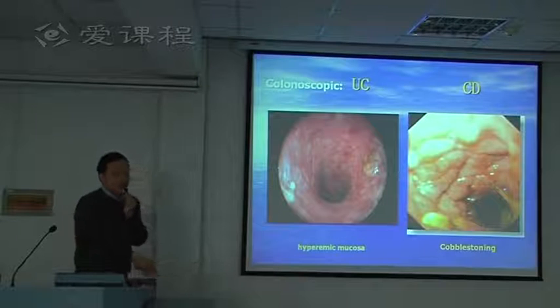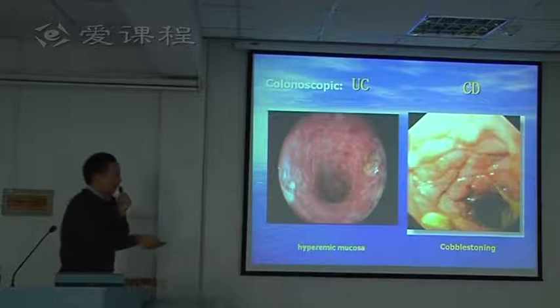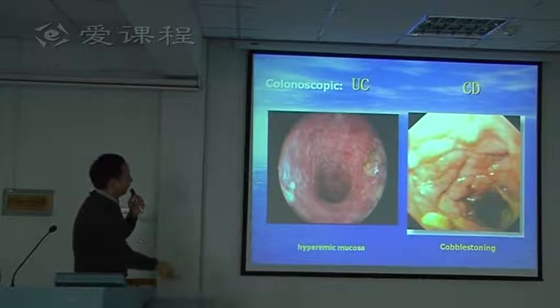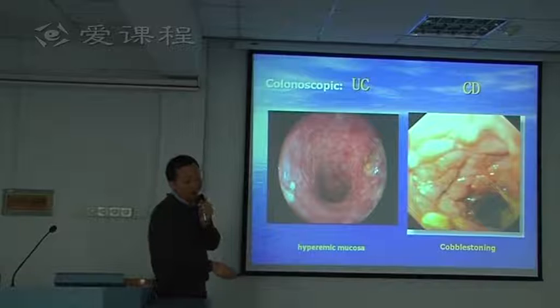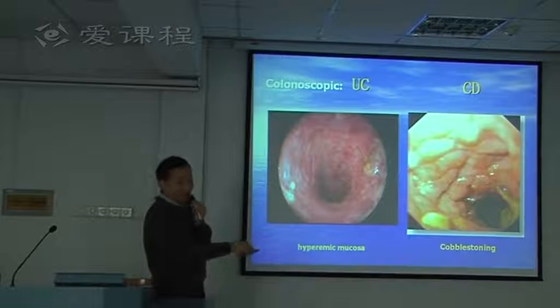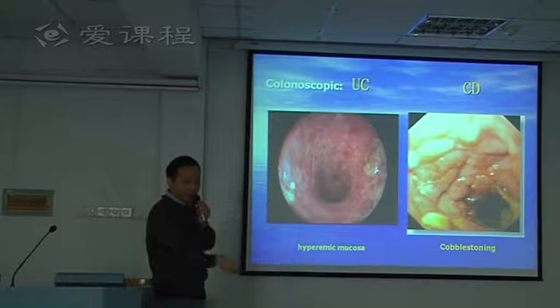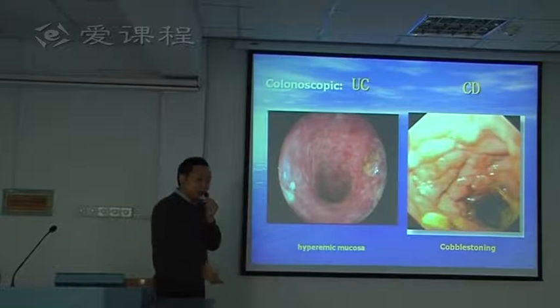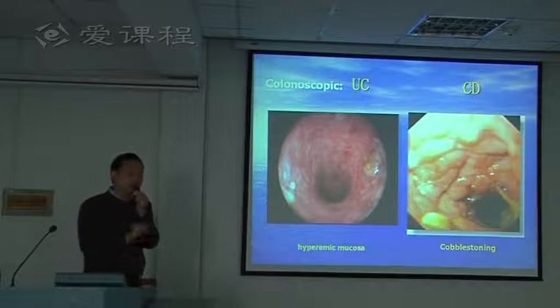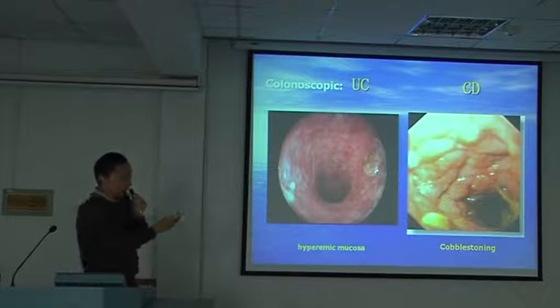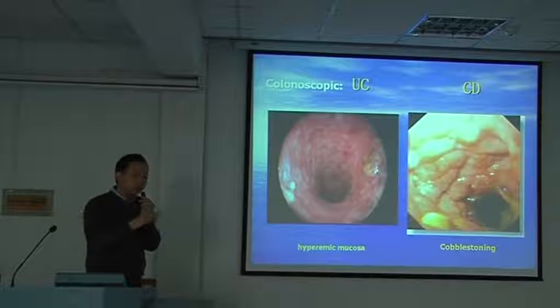It's difficult to make the differential diagnosis of this one. Which part of the colon is this? I don't know. From this appearance, you cannot see whether it's transverse or ascending. But for the normal bowel, from the colonoscopic appearance, maybe you can see some different appearances.